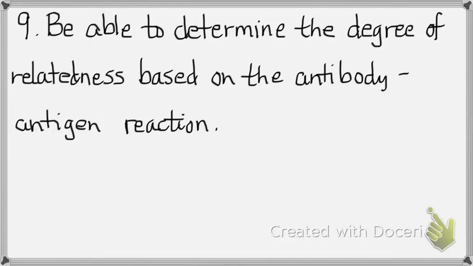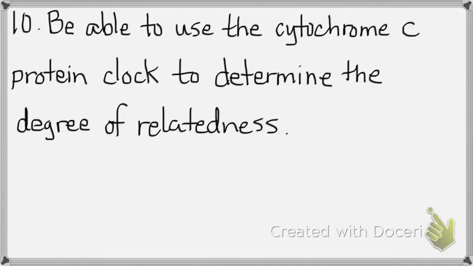Okay, lastly, on the back of your fossil page, there's a little activity we did there that goes with question number 10. Be able to use the cytochrome C protein clock to determine the degree of relatedness. If I were you, I would just rework questions 1, 2, 3 at the bottom.